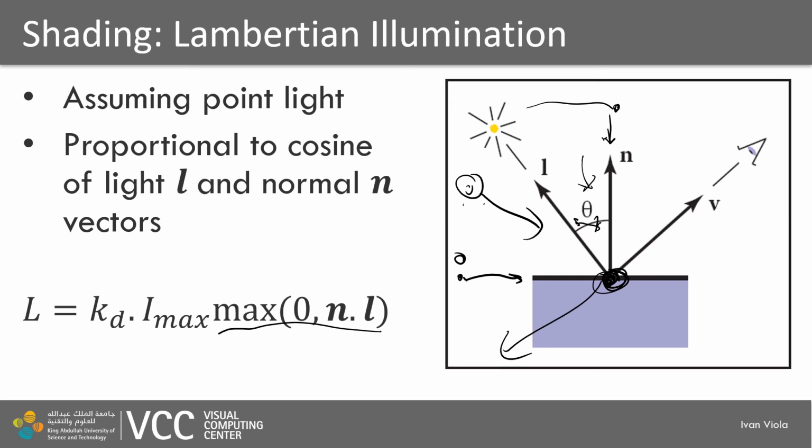So it clamps this cosine term to values between 0 and the n dot L scalar product, which is then multiplied by the maximal illumination from the light source.